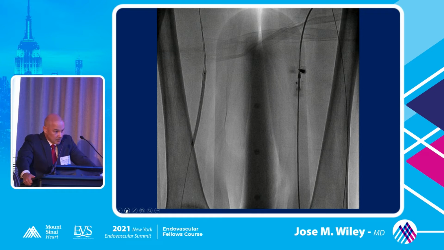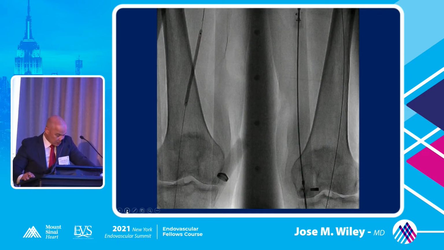None of them join each other, so we then turn to the CART technique, in which we advance a retrograde balloon and try to break the subintimal space and create a fenestration between the antegrade and the retrograde subintimal space. Alternatively, you have the choice of using a reentry device antegrade, and trying to pop the retrograde balloon and then advance your wire. So we ended up fenestrating the subintimal space.